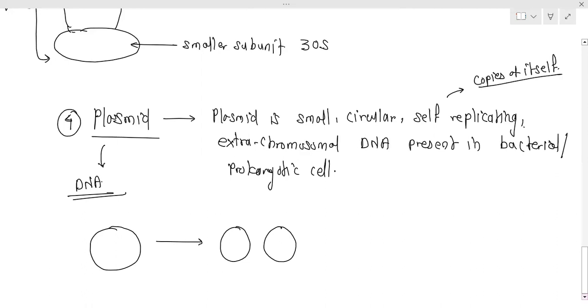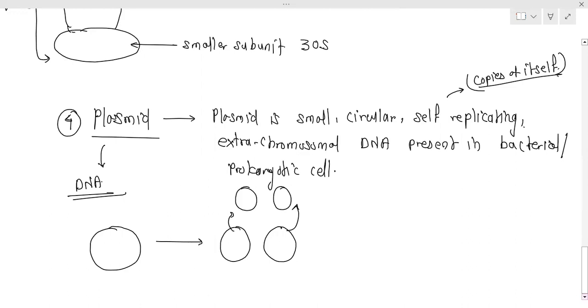So after some time I have two plasmids. After some time, this will create one more copy, and again one more copy. According to need, if the bacteria needs many plasmids, one bacterium can prepare hundreds of plasmids, because a plasmid creates one more plasmid.